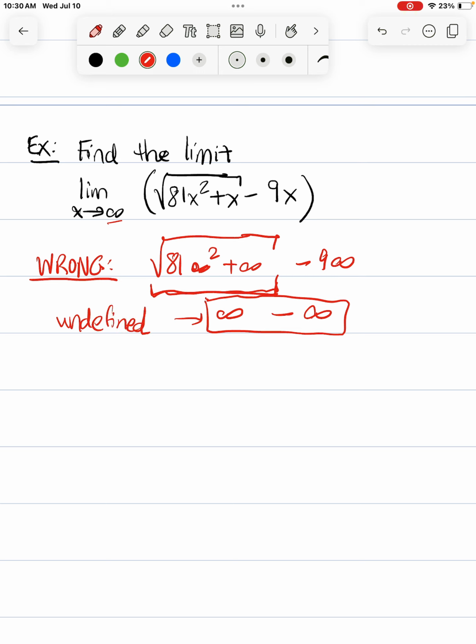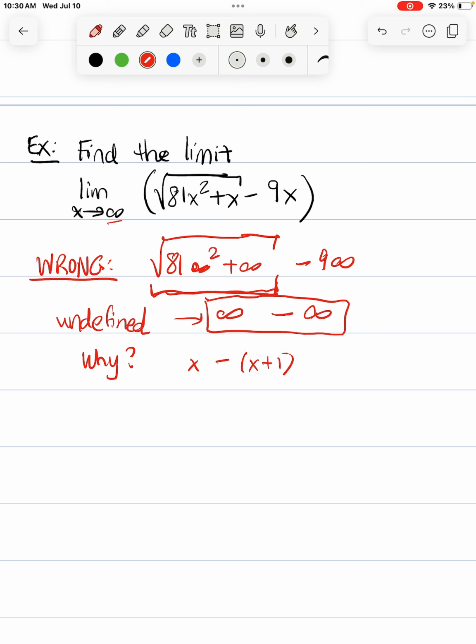Okay. Why is it undefined? The reason has to do with the fact that if you have something that goes off to infinity and then subtract something that goes off to infinity, the difference can actually approach whatever number is possible. So for instance, you can have something like x minus x plus 1.